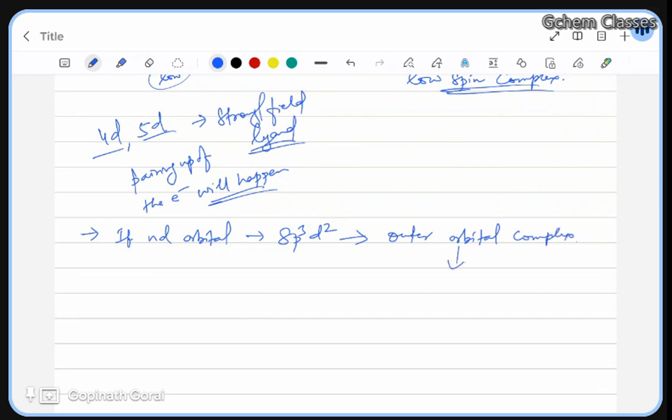If it is an outer orbital complex, then as I told you, the inner one has covalent character, a covalent complex, so this will behave as an ionic complex. If it is an ionic complex or an outer orbital complex, then it will be a high spin complex.